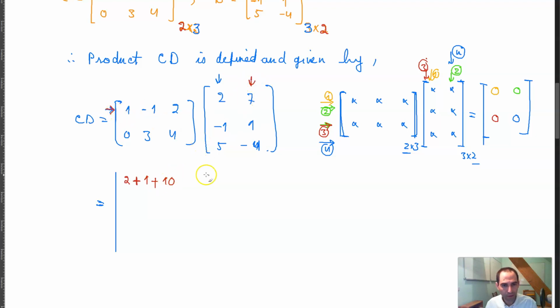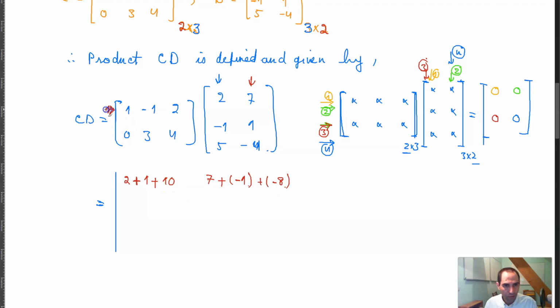So 1 times 7, and now I have to write over here. So 1 times 7 is equal to 7. -1 times 1 is equal to -1. And you have to write it this way so that you don't make mistakes, right? 2 times -4 is -8.